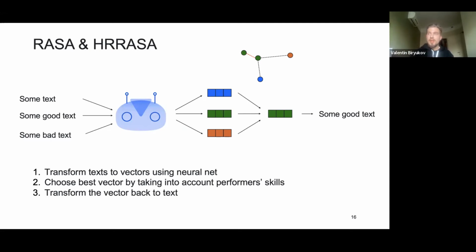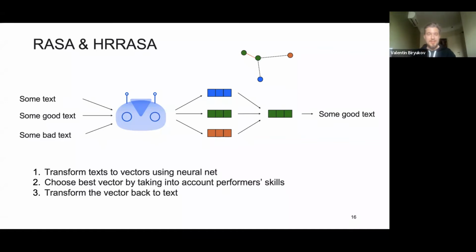It may be interpreted like sentences, some texts, closest to the good text, because if you speak, for example, in some natural language, people don't speak about goods, they may just say, okay, it's just a text.